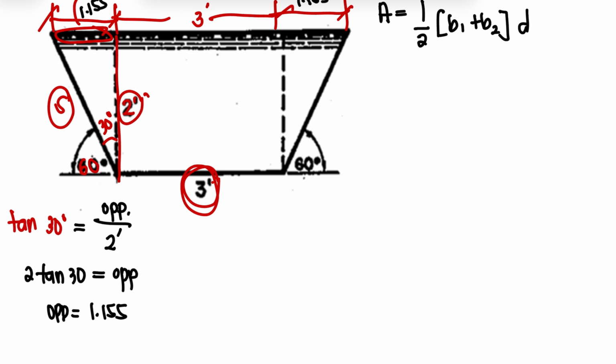Since we have the adjacent, we can use the cosine. Cosine 30 degrees, we have the adjacent over hypotenuse, or the S. So for the S, we have 2 feet divided by cosine 30. So we have 2.309 feet.